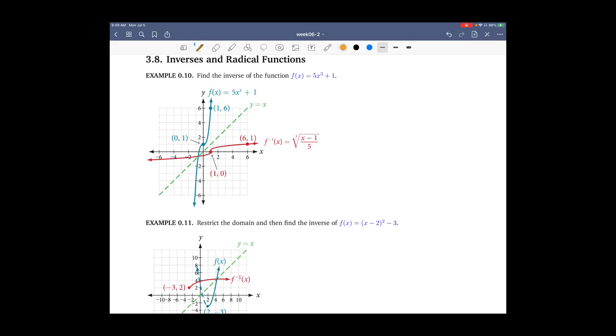To find its inverse, as we know, we need to check that this function is bijective, which it clearly is. It's a transformed cubic parabola. It's injective, passes the horizontal line test, and the image is the entire real line, so it's bijective. That's good news.